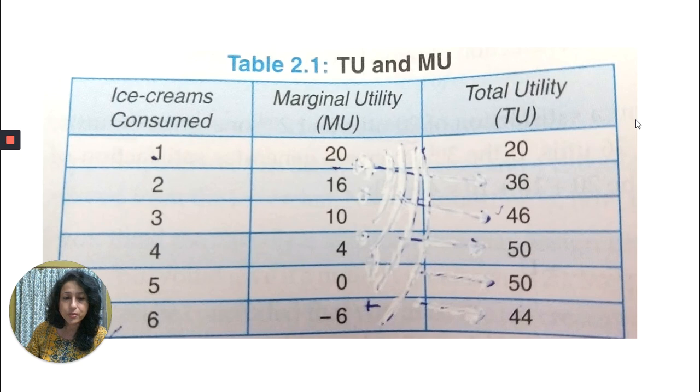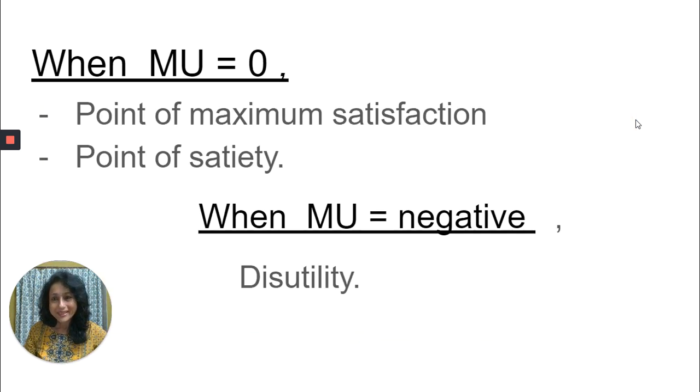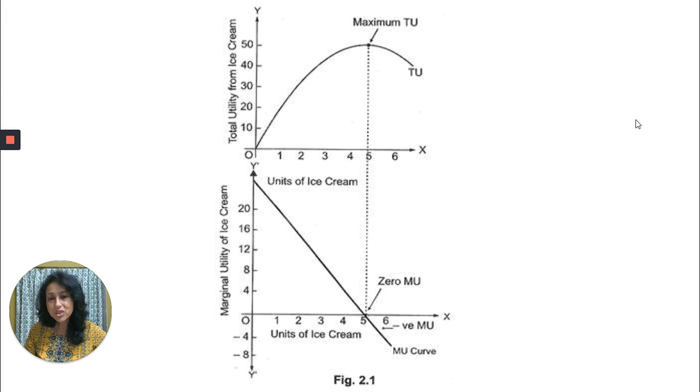Whatever is written in the next slide, when we discussed this schedule, those points I have already highlighted to you. Now, this schedule has been converted into a graph, into a diagram. In the diagram, we are showing two curves. Upper curve is of total utility, the lower curve is of marginal utility. Just look at the upper curve.